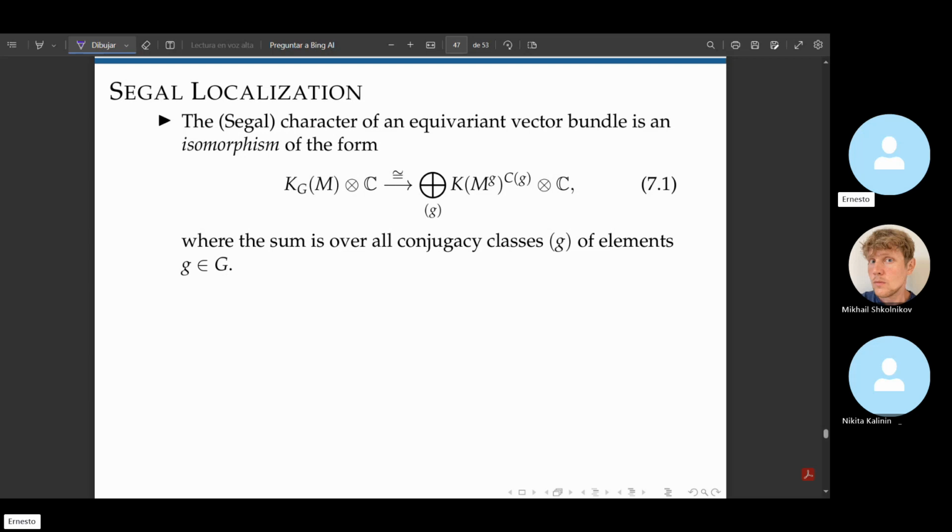Traditionally the character was a class function, namely a function over conjugacy classes, if you remember this kind of thing. And now the character of an equivariant vector bundle is a bunch of vector bundles over the fixed point sets. M^g is the fixed point set of g.